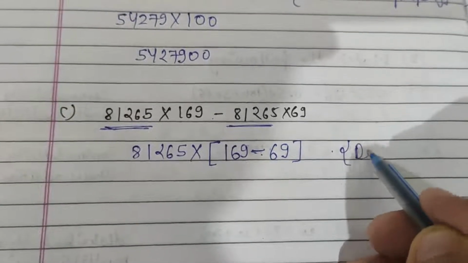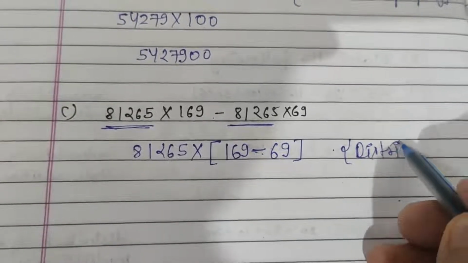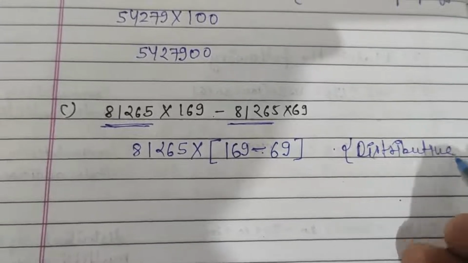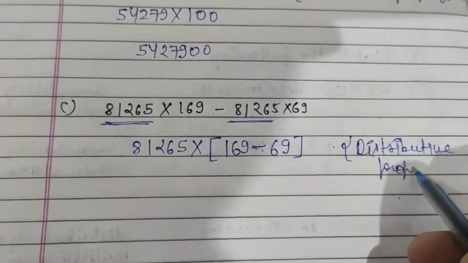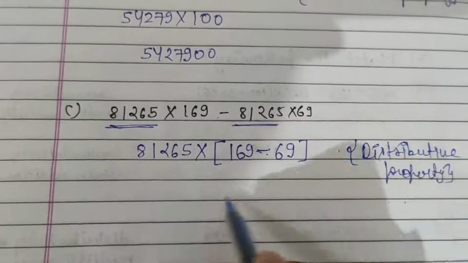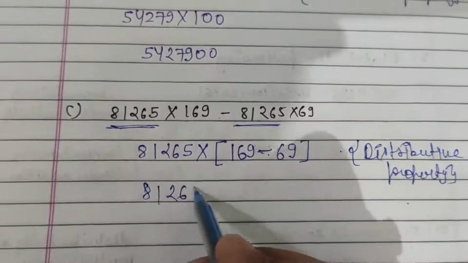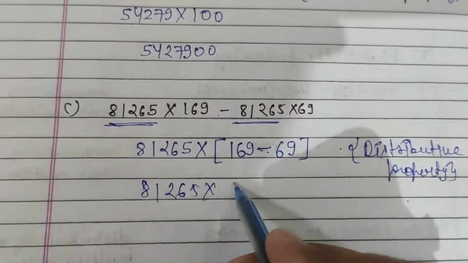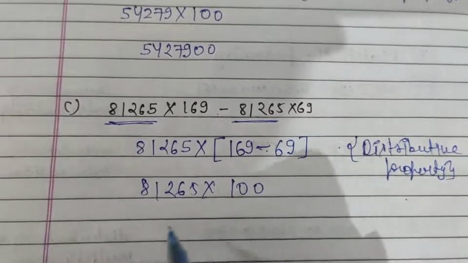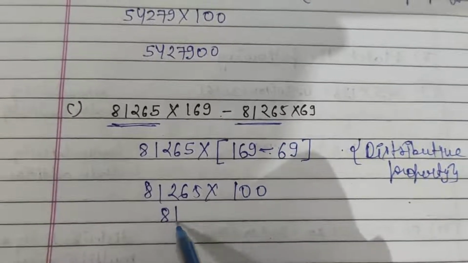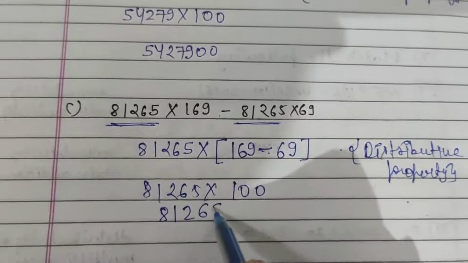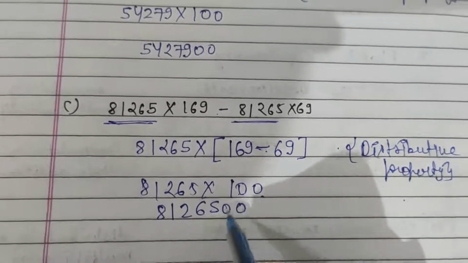So this property is distributive again. Then we will subtract 69 from 169. The answer is 100. So our answer will be 81265 with these two zeros.